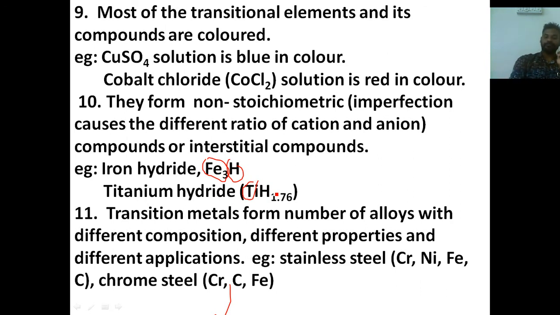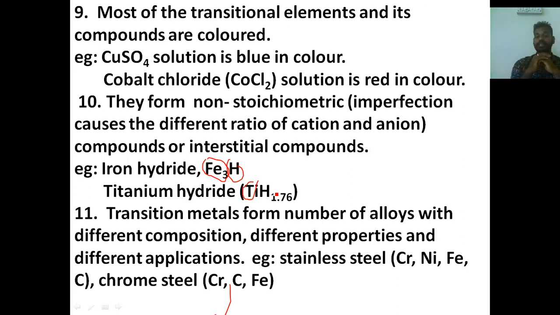And the last one: the transition elements form a number of alloys with different composition, different property and different application. So transition elements have alloys. Alloy means the mixing of 2 or more metals in a perfect ratio. It has a ratio, not simply mixing. Their ratio of mixing causes change in their property and their application.